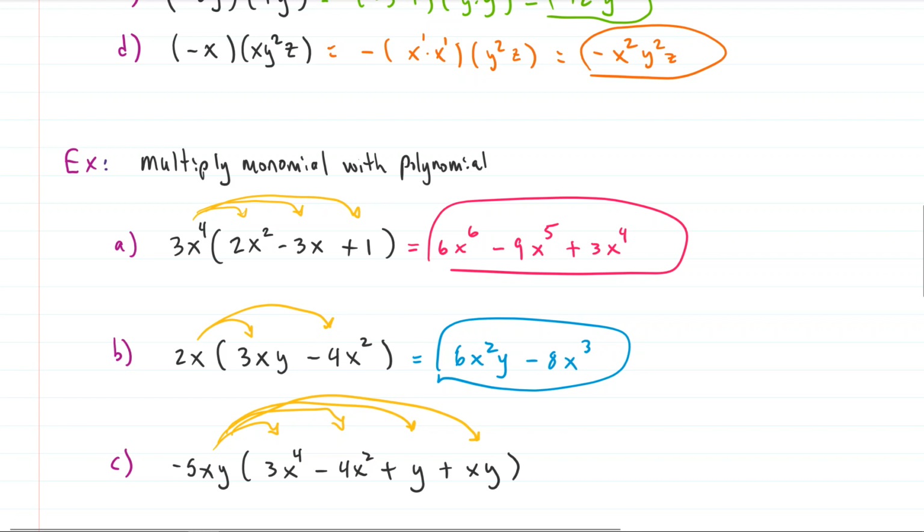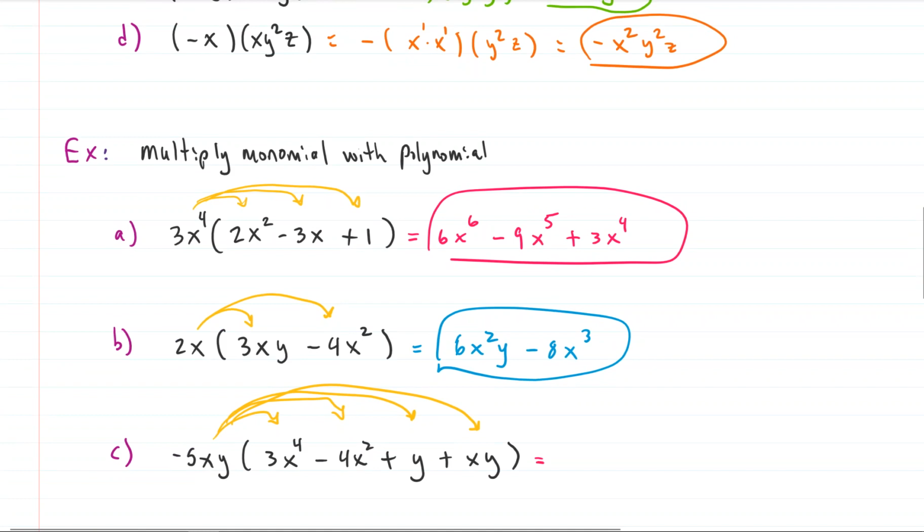And here we're doing the combining step in our head because we got used to it in the first 6 examples that we've been doing. So here we have negative 5xy multiplied by the polynomial 3x to the fourth minus 4x squared plus y plus xy.